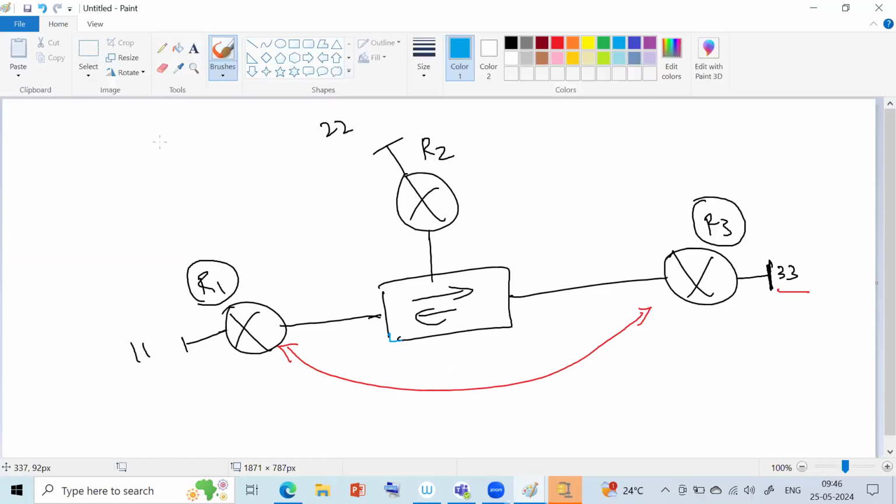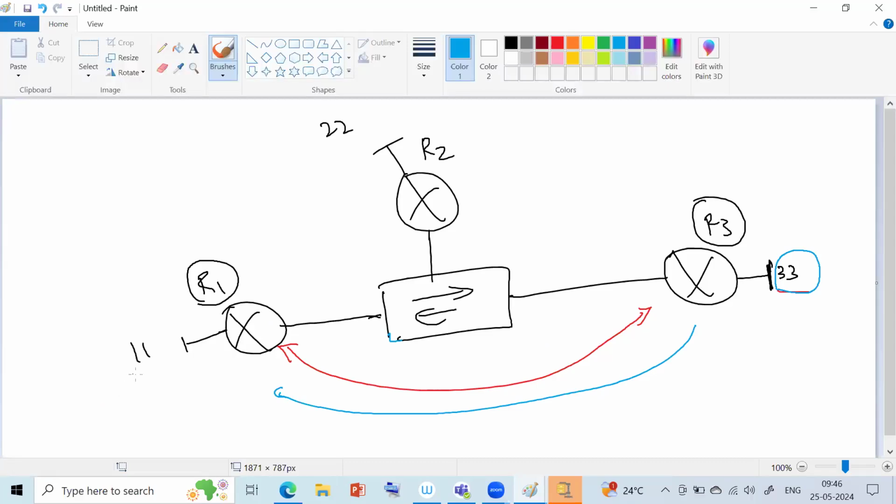So neighborship is established. After the neighborship is established, we just have to give a network command on this router in OSPF mode. We just say network 33.33.33.33. Then that particular network will be advertised here.